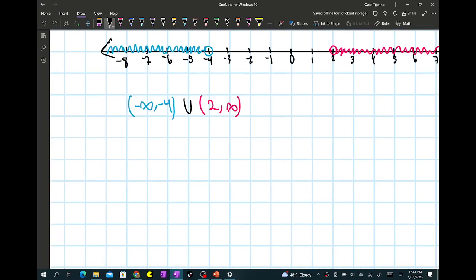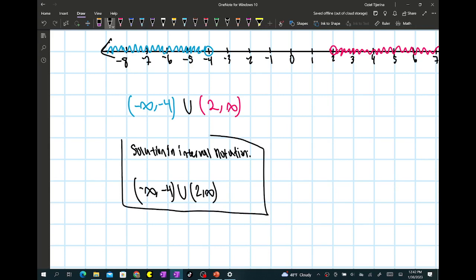So your solution in interval notation would be from -infinity to -4, union 2 to infinity, right? So this would be your solution, right?